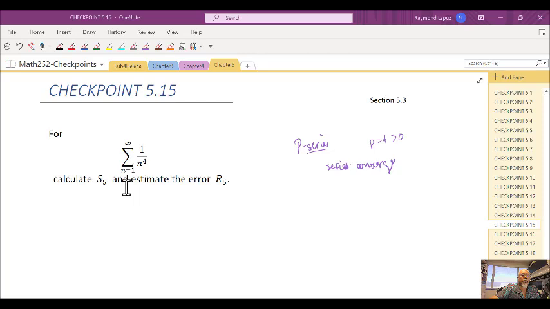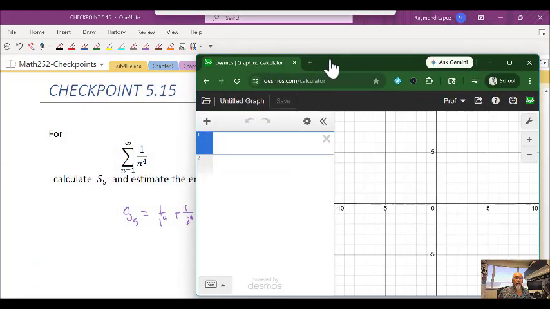Okay, so s sub 5 is just the series up to the fifth partial sum. So we have 1 over 1 to the fourth, plus 1 over 2 to the fourth, plus 1 over 3 to the fourth, plus 1 over 4 to the fourth, plus 1 over 5 to the fourth. You can use Desmos for this.